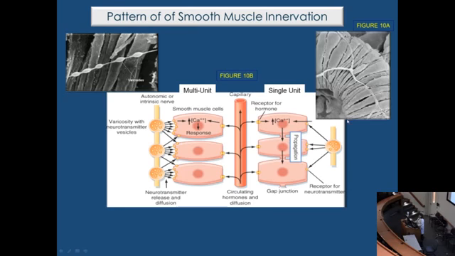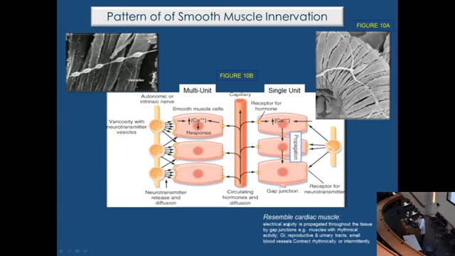So I have here the micrograph for this single unit configuration, and you can see now the axons, and you can see that the varicosities, as you can identify here, are more spaced. When we look at the single unit, this resembles more the cardiac muscle in terms of being electrically coupled.